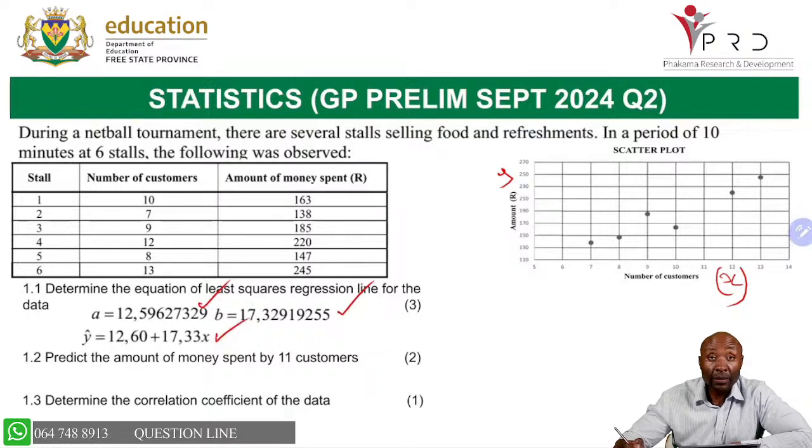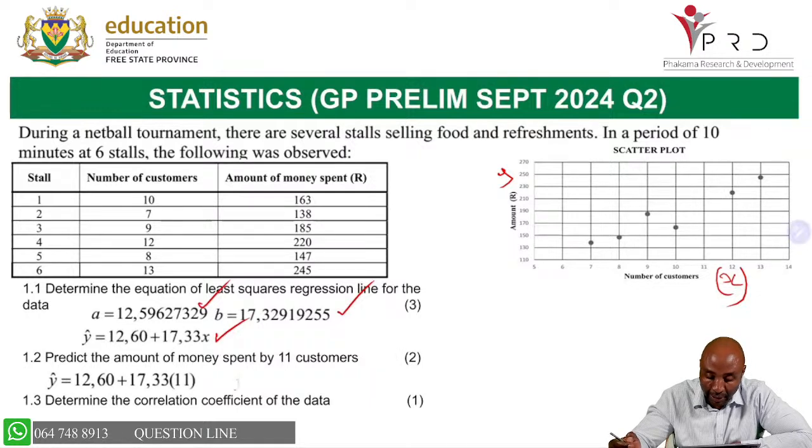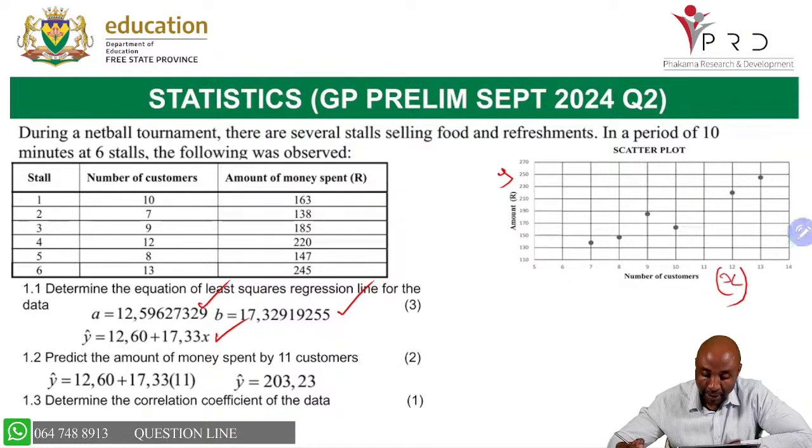Predict the amount. We want the amount, and we are given the number of customers, so 11 is our X. Where there is X, we substitute with 11, and we should get our Y as 203,23. That is the amount in rands. Or if you use the rounded off figure, you'll get a different answer.